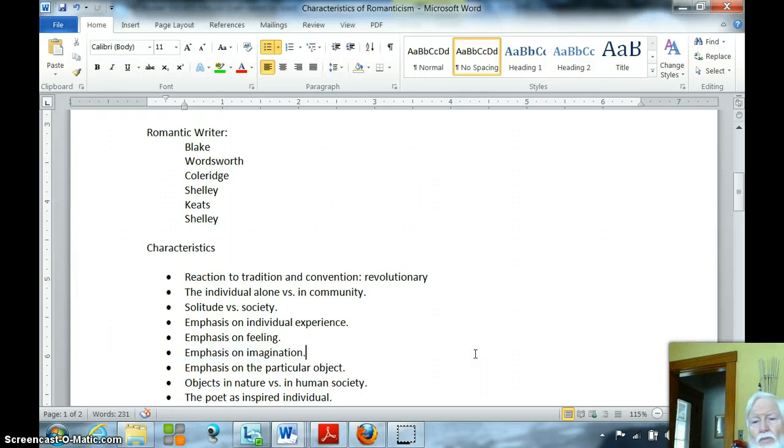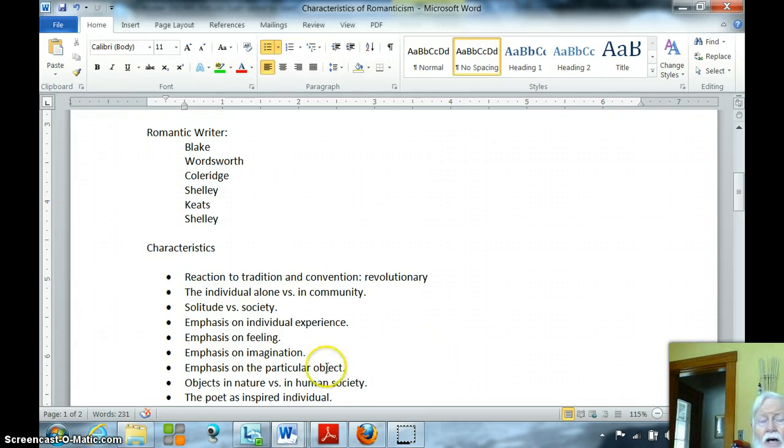Imagination was an extremely important faculty, or we might think of as an ability or a function of the human mind, extremely important to the Romantics. They saw imagination as superior to reason in the act of what we might think of as creation.